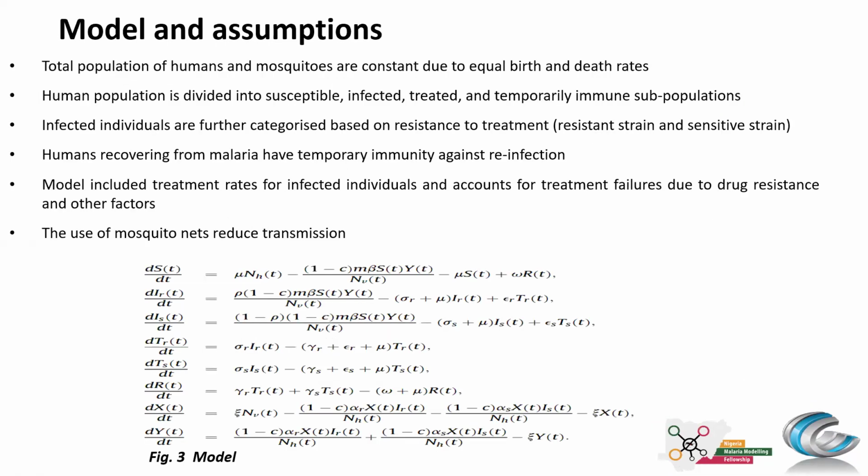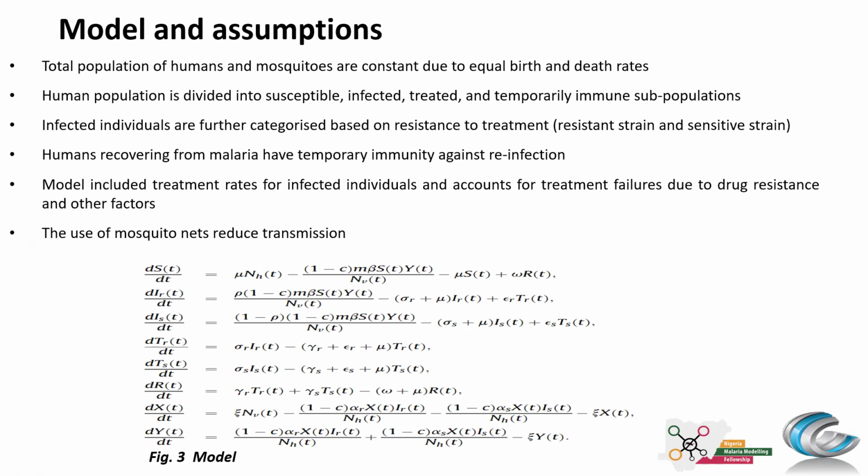For the assumptions of the model, it was assumed that due to equal birth and death rates, the total population of humans and mosquitoes are constant. Secondly, the human population was divided into 4 major compartments: the susceptible, the infected, the treated, and those with temporary immunity.